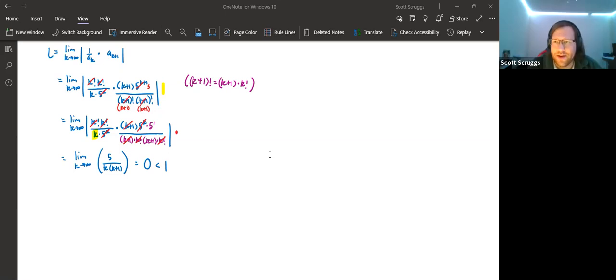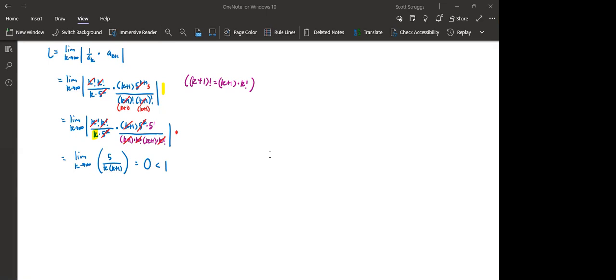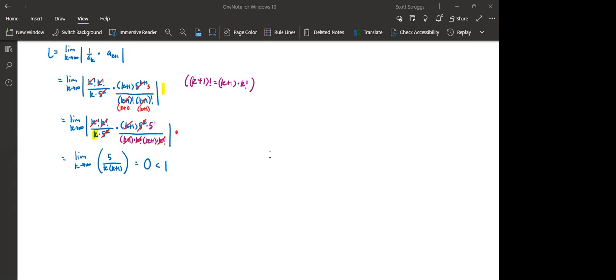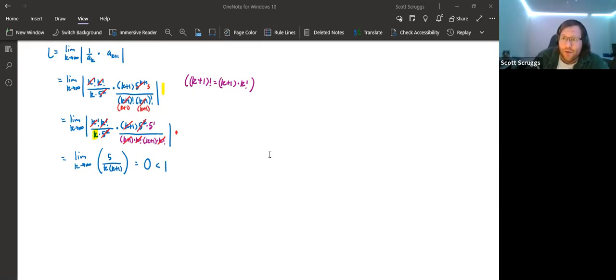If it was bigger than 1, then it would diverge. And if it was equal to 1, all I could do is shrug and say I don't know. That's why I always like those series sheets, like I mentioned in class, Davis. That's why we give the sheets to y'all, because we care more about you using it on the test, not memorizing it.